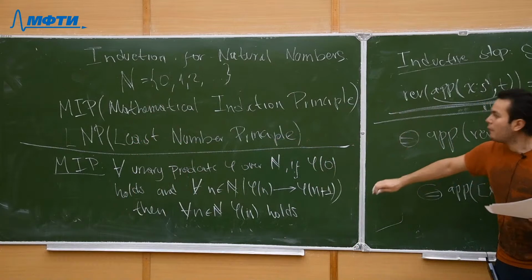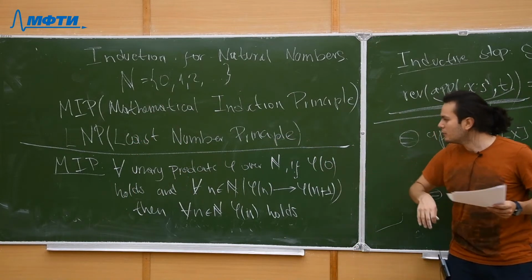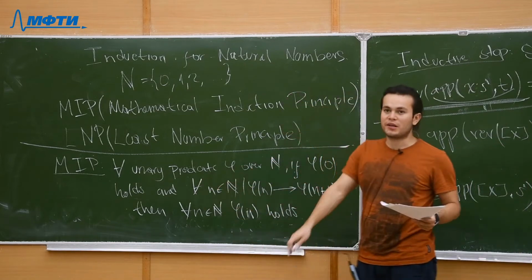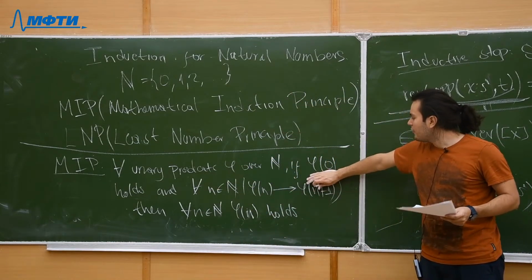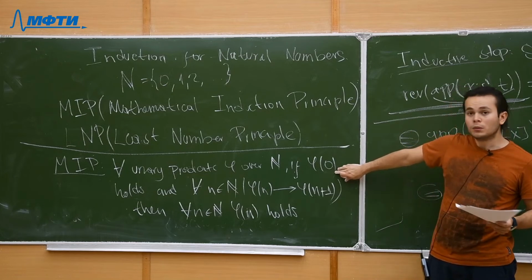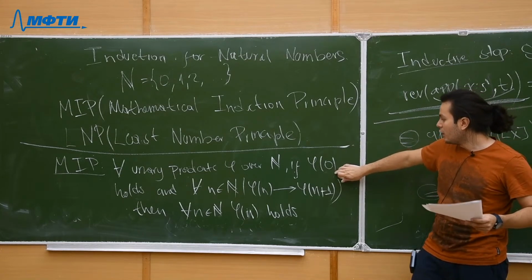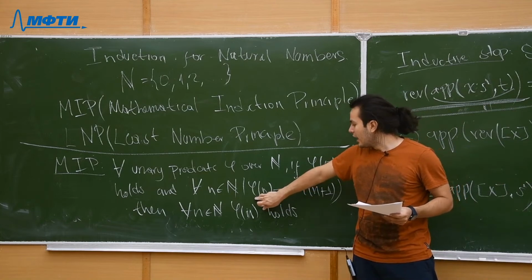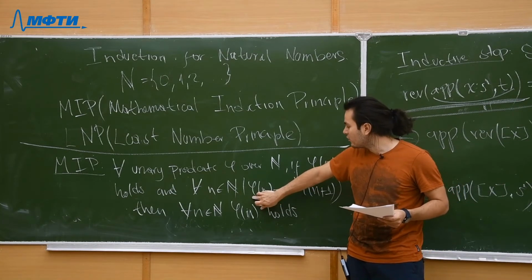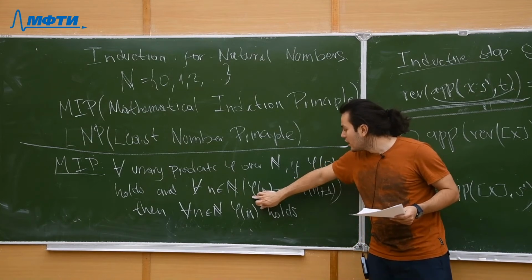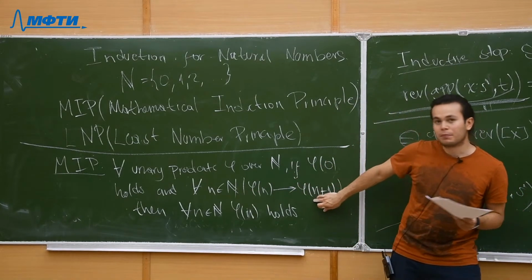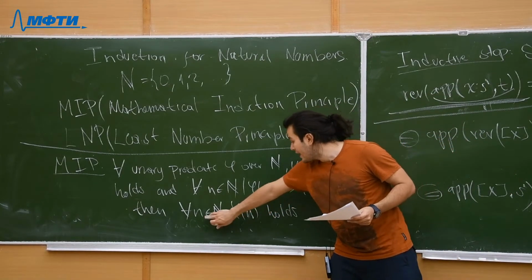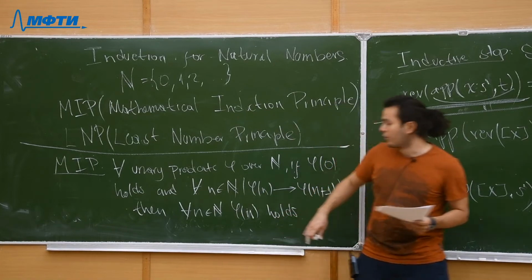So this is the mathematical induction principle. If we have some unary predicate, and if it holds for 0, and if from assuming that for any natural n, phi of n holds, this implies that phi of n plus 1 holds, then phi of n holds for any natural number, okay?